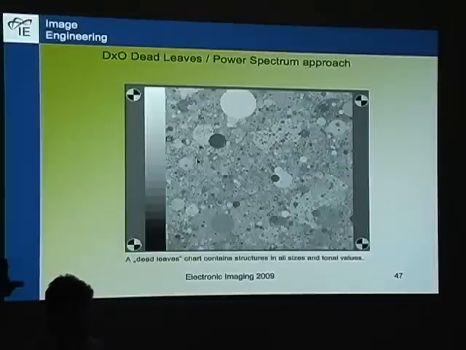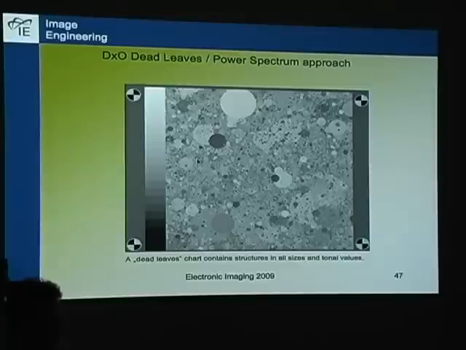There's one other approach that was presented by the guys from DxO Labs in France, and they basically use the dead leaves target. So they took it over from some other applications, and they simply use circular structures at different sizes and different code values and combine these on top of each other in this image.